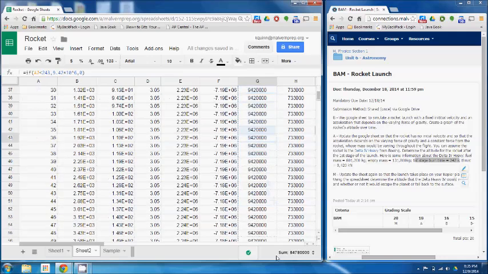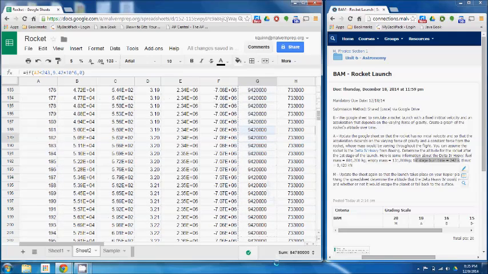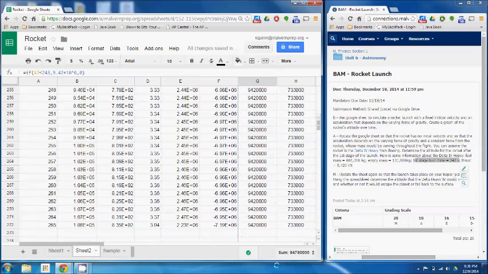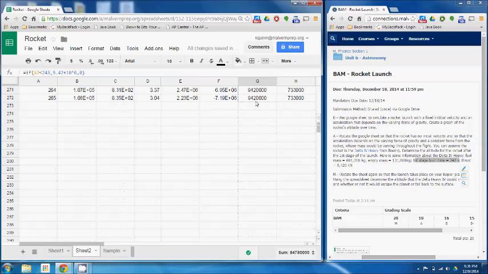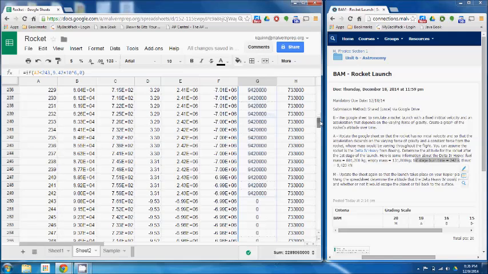But let's keep going down. All the way to the bottom. And you'll notice at the bottom it's zeros. Well, where did it change? Right here at 243 seconds. So we just programmed the computer to make a decision to stop having the rocket thrust after a certain amount of time.